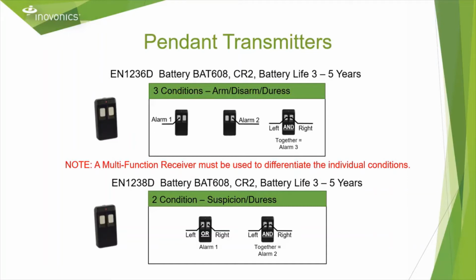Whereas on the EN1238D, it's similar, except when you press either the left or right button, it activates the first function, and both buttons pressed simultaneously activates the second function. It's important to note that you need a multi-functioning receiver to fully work with these multi-condition pendant transmitters.